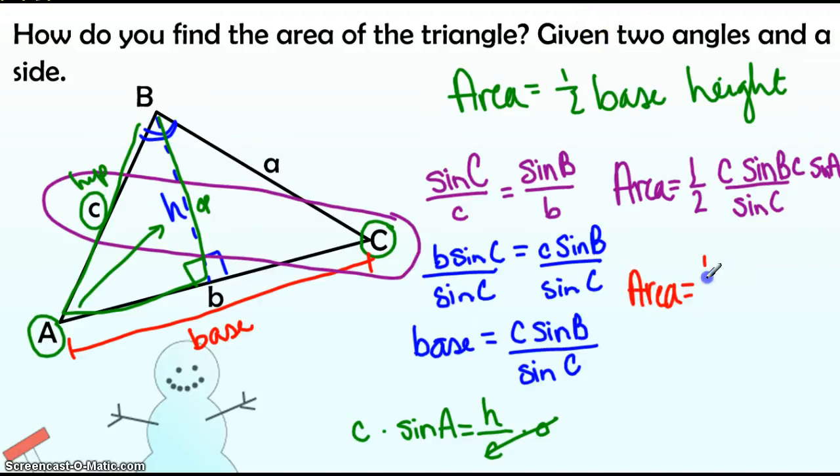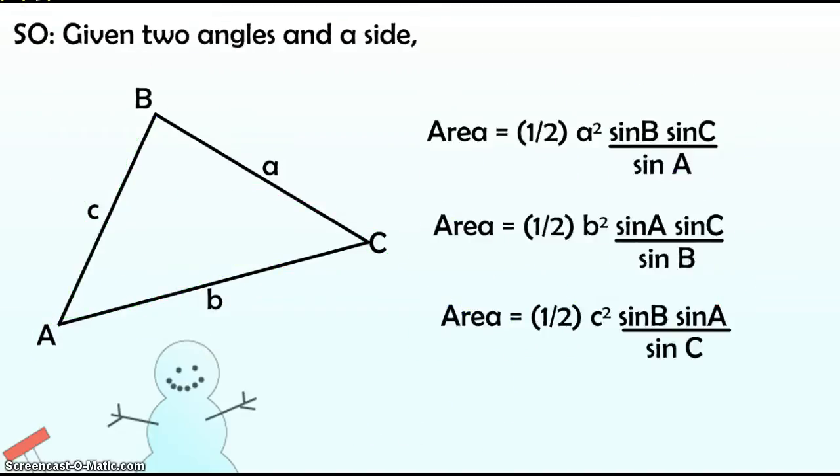So area equals 1/2 C times C is going to be C squared, times the sine of angle A times the sine of angle B over the sine of angle C. And that's going to be true for any of the three scenarios where you get area is 1/2 A squared times sine of B times the sine of C over sine of A, or one of these two.